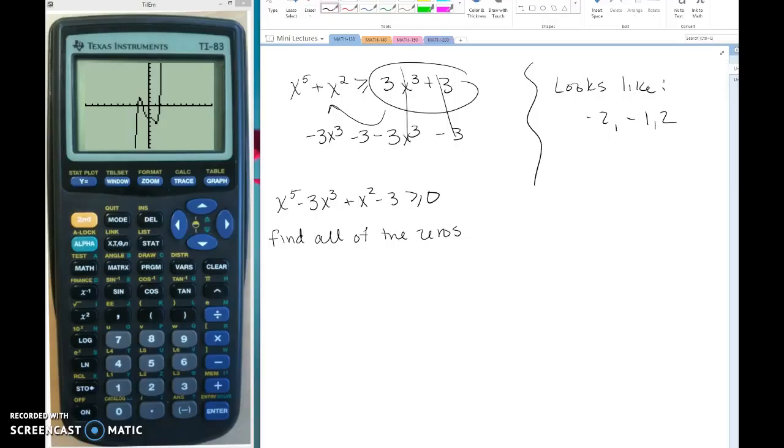It doesn't look like it's quite on the 2, so we can check. Let's go to the table. Sorry, this on screen calculator isn't being super helpful.